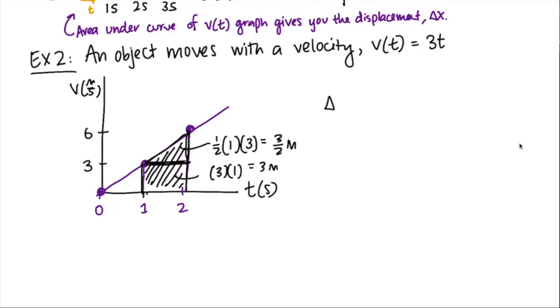And so I could say, the displacement from time 1 to time 2, this is not the right way to write this, but I'm going to do it anyway. From time 1 to time 2, what is the displacement? Well, it's 3/2 plus 3, so 4.5 meters. Okay, so that's one way to do this problem.